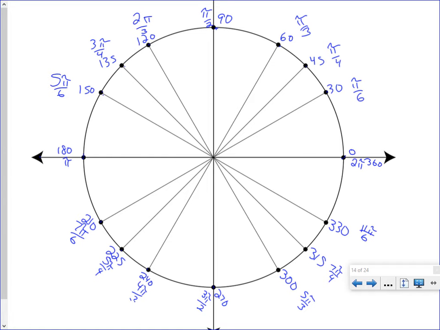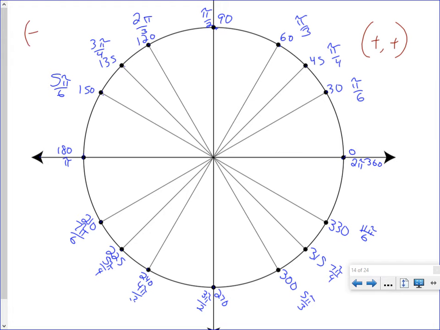The other thing that we did yesterday is that we talked about the quadrants. Remember what I meant by the quadrants? What values are positive, what values are negative? In the first quadrant, what's positive, what's negative? Everything is what? So in the first quadrant, they're both positive.